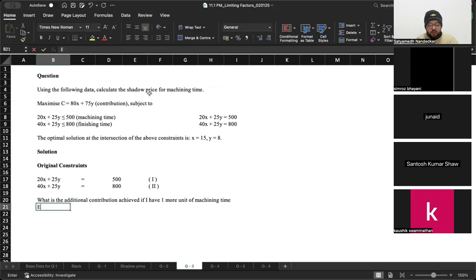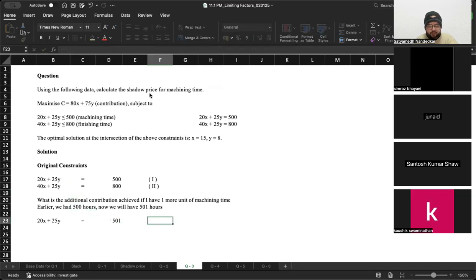So earlier we had 500 hours. Now we will have 501 hours. So 20x plus 25y equal to 501.